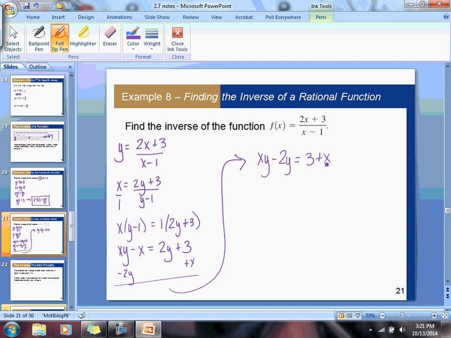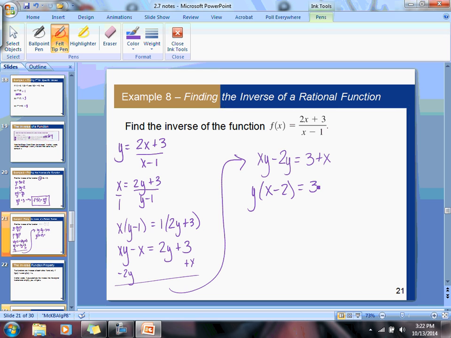Now here's the step where students usually have trouble. We're trying to solve for y, and they see 2 y's. We want 1 y. So basically, I need to recognize that these two terms have y in them as a GCF, and I'm going to take it out. So I'm going to take out the y and be left with x minus 2.